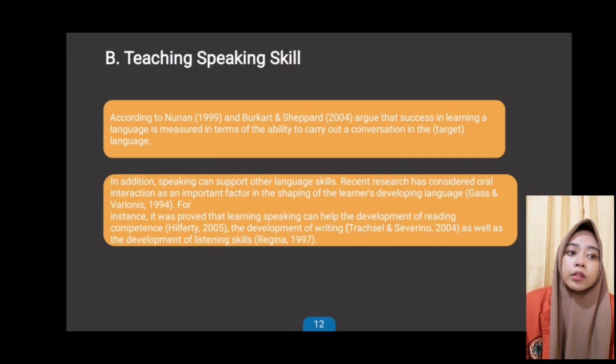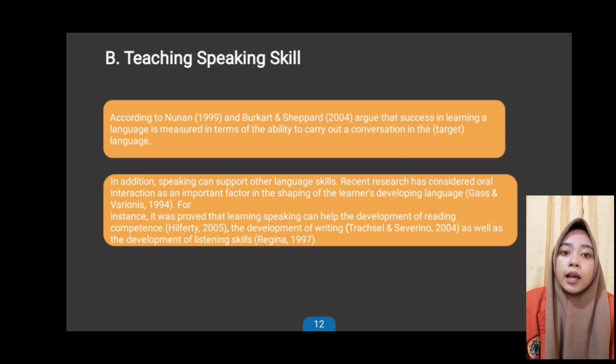Recent research has considered oral interaction as an important factor in the shaping of the learner's developing language. For instance, it was proved that learning speaking can help the development of reading competence, the development of writing, as well as the development of listening skill.